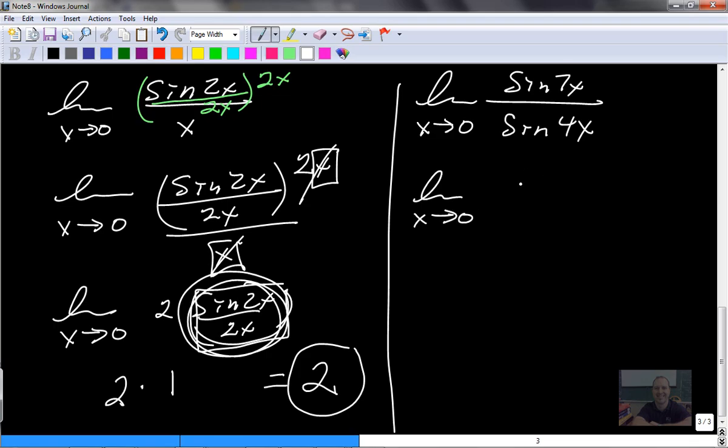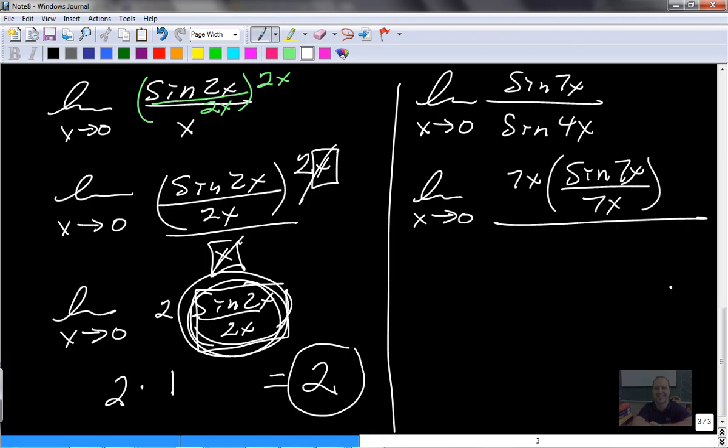And this is what we do. As x approaches 0, this is 7x times sine of 7x over 7x in the numerator. Do the same thing that we did in the last question. Multiply by 4x on top and what would be the bottom of this denominator, and you'd have 4x times sine of 4x over 4x. You see that?